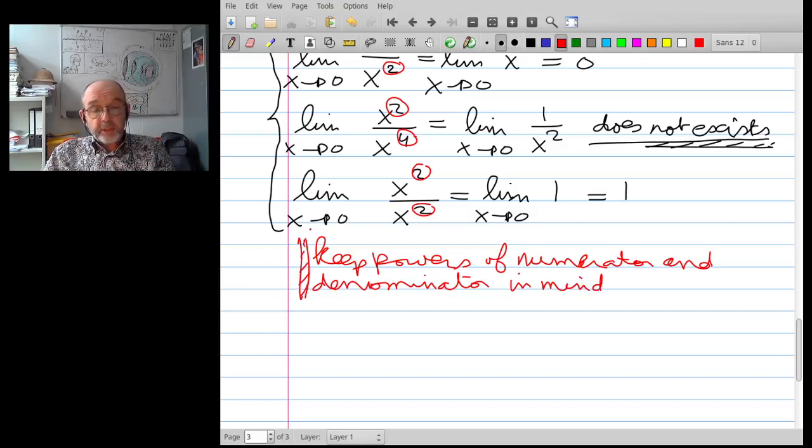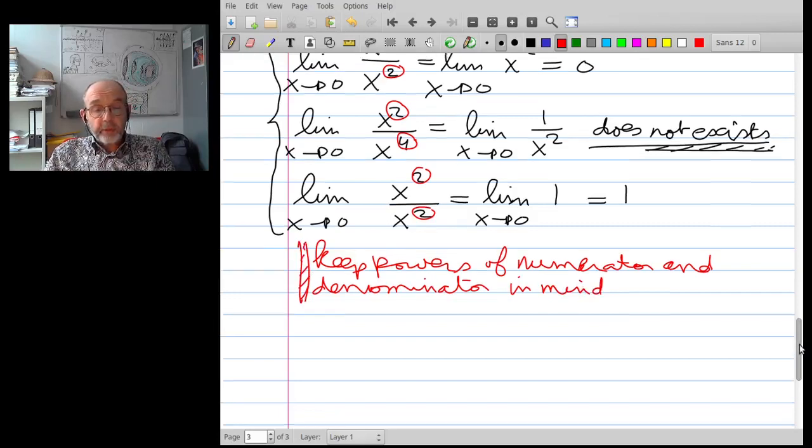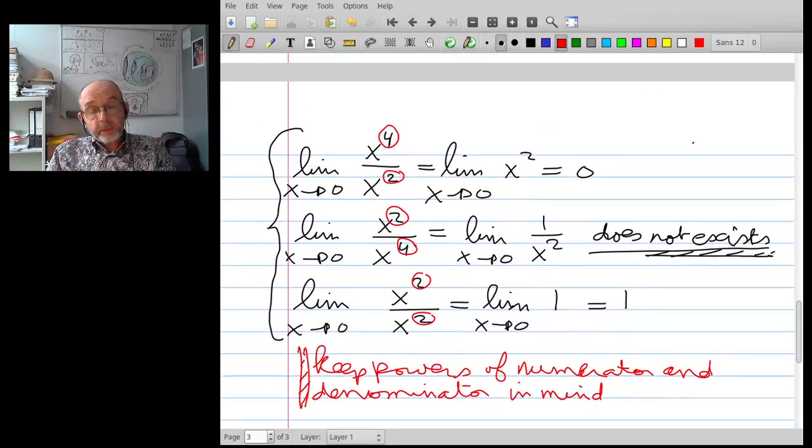So it goes well if the powers are equal, and if the power of the numerator is greater than the power of the denominator, then it goes well. If the other way around, it doesn't.